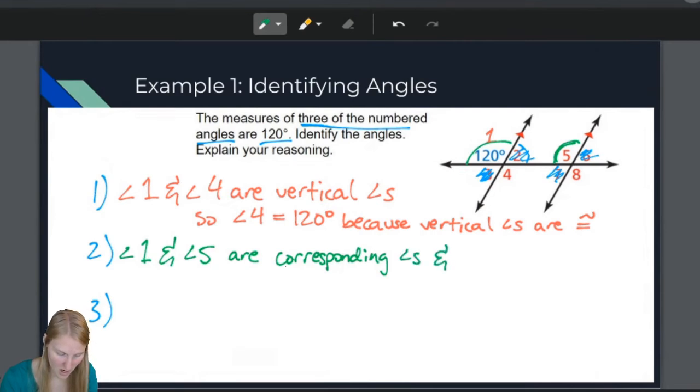And look at this, these lines are parallel.